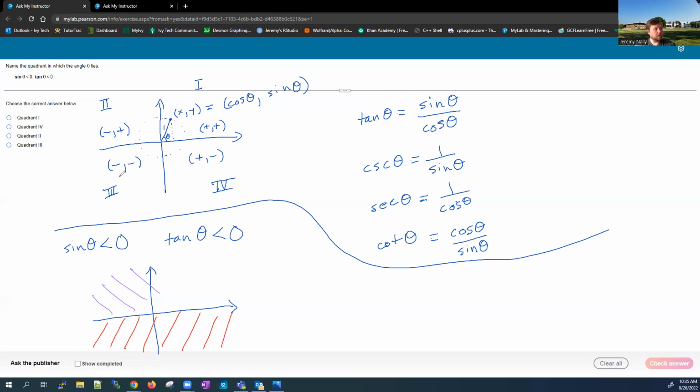When I get to the third quadrant, I have a negative divided by a negative, that gives me a positive. And then in the fourth quadrant, I have a negative divided by a positive. So a negative divided by a positive is negative. So tangent is also negative in the fourth quadrant. Okay. And I see that I have shaded twice in the fourth quadrant. So that is where the angle lies.